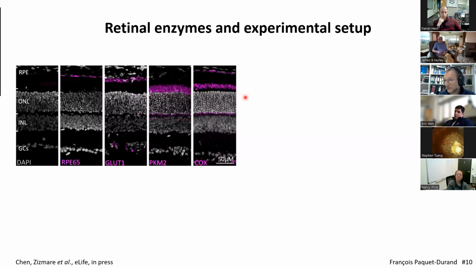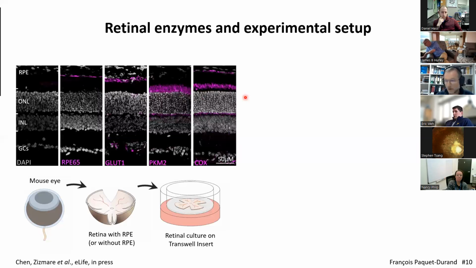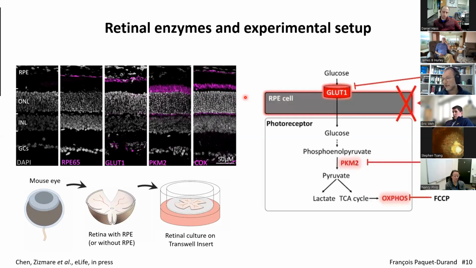We then used retinal explant cultures, where we take a mouse retina and put it into a culture dish on a transwell insert. We can do this in two different ways. We can either culture the retina with the retinal pigment epithelium attached to it, or without the retinal pigment epithelium, so that we have different experimental conditions with RPE or without RPE.